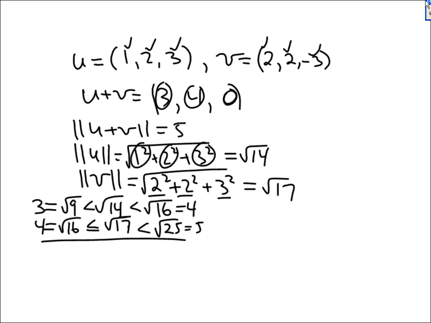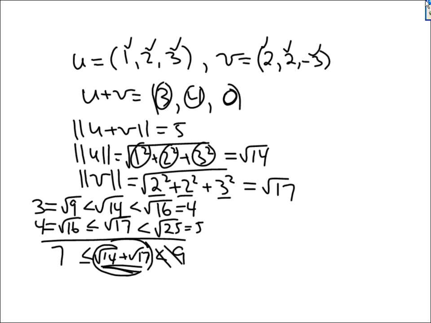This tells me, adding the left sides, the middle, and the right side, that the square root of 14 plus the square root of 17 is between 7 and 9. In fact, I don't care about 9. This is bigger than 7.